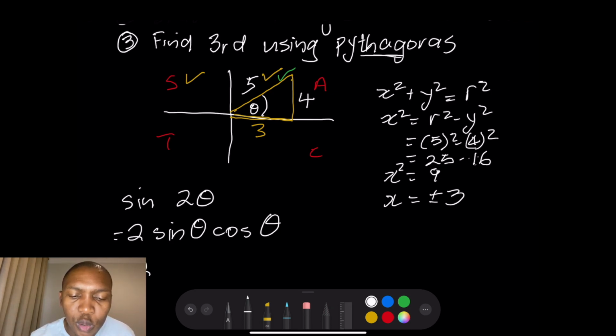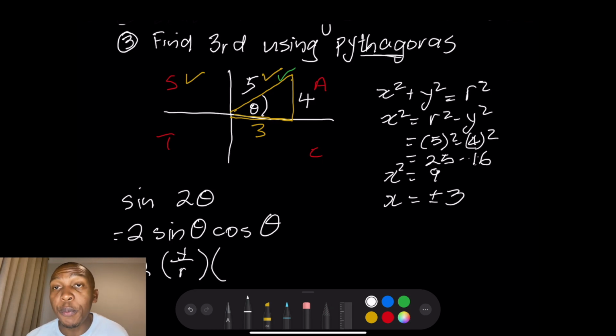This is going to be 2 times, what is sine? Remember, we said sine of theta is y over r. And what is cos of theta? Or if you prefer to use opposite over hypotenuse, cos of theta would be adjacent over hypotenuse, or in this case, x over r.